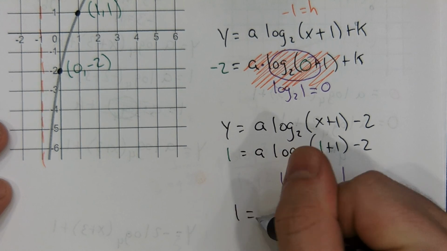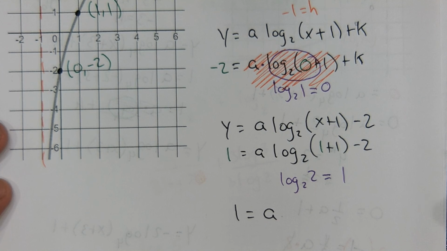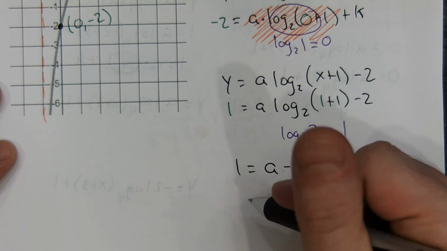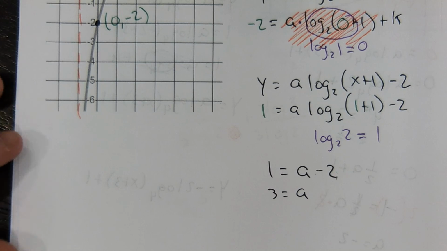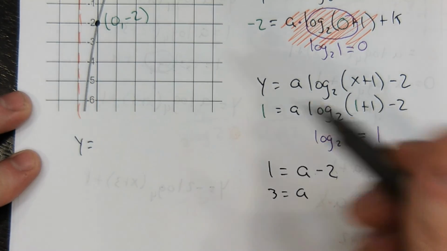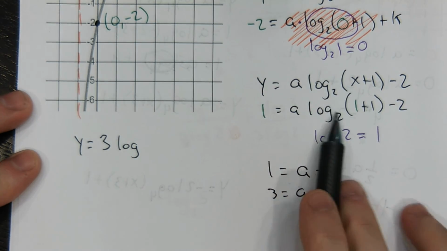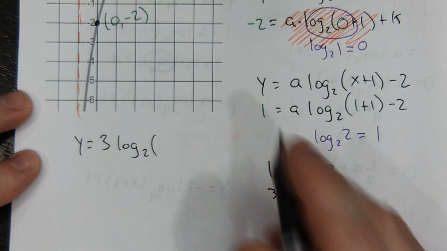So it gives me 1 equals a times 1, which I'm not going to write because it's just a, minus 2. And all we have to do is add 2 to get the answer of 3 for a. Which gives us our result: y equals 3 log base 2 of x plus 1, and then minus 2.